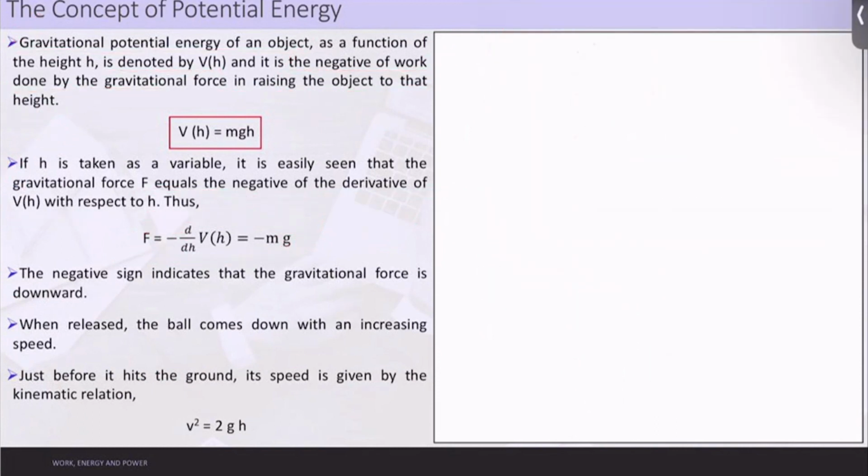Fine. So therefore, it can be easily seen that the gravitational force F equals the negative of the derivative of V of h with respect to h. Then we can write F is nothing but equal to minus d by dh of V of h, which is equal to minus mg. So what does this negative sign say? It simply says that the gravitational force is downwards.